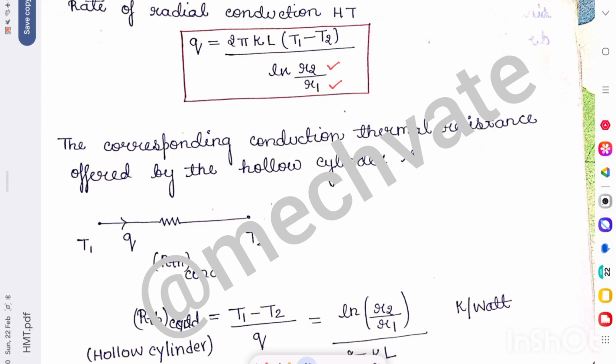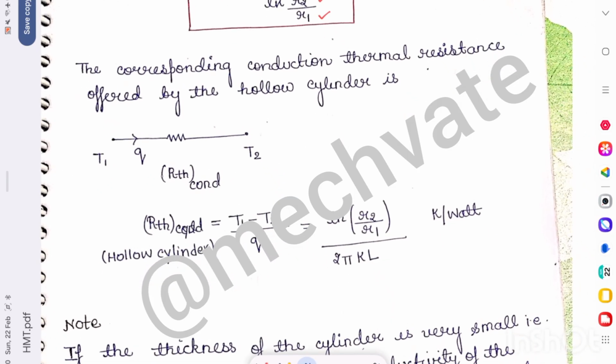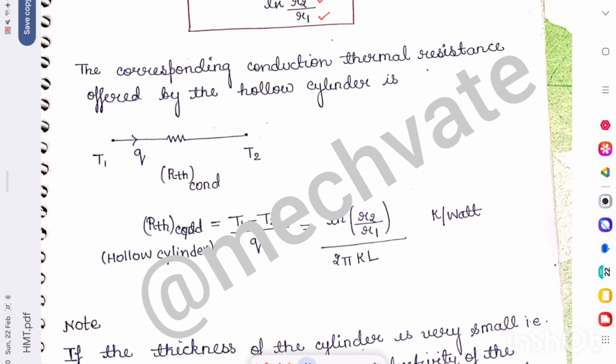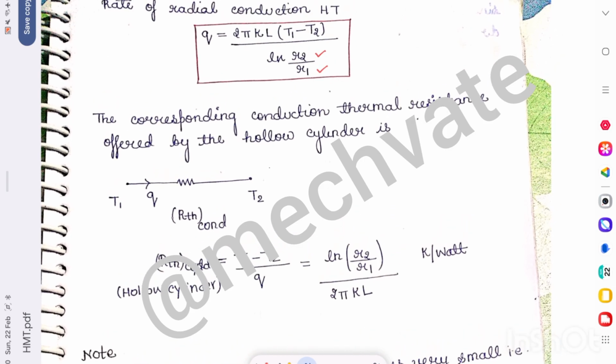The corresponding heat conduction resistance offered by the hollow cylinder is ln(R2 by R1) divided by 2 pi K L. Remember this.